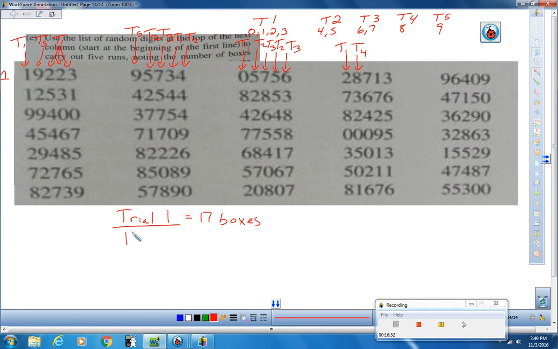Okay, now let's try trial 2. Okay, so trial 2 is right here, and I would like to write trial there, but I don't have room. I think if I were going to do this, I would write trial 2.